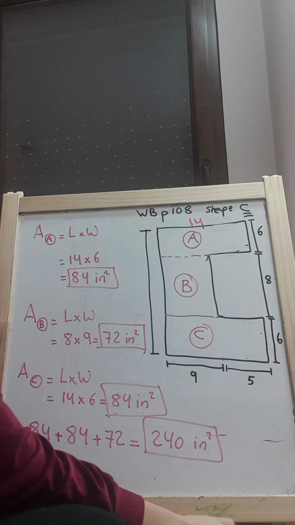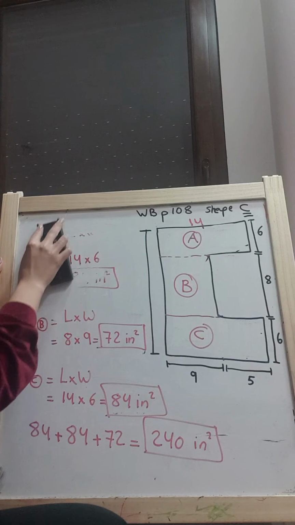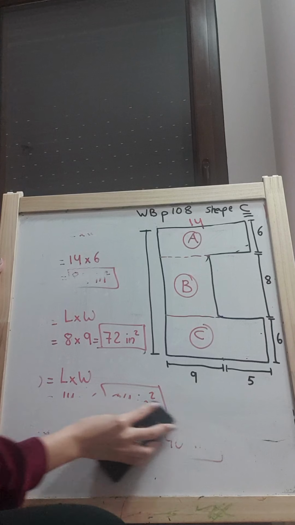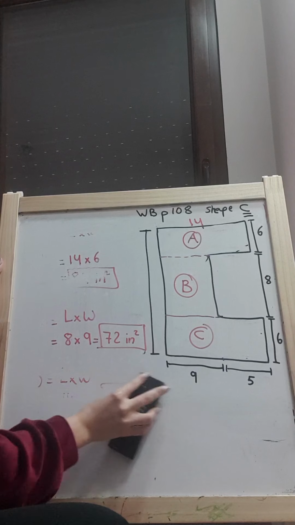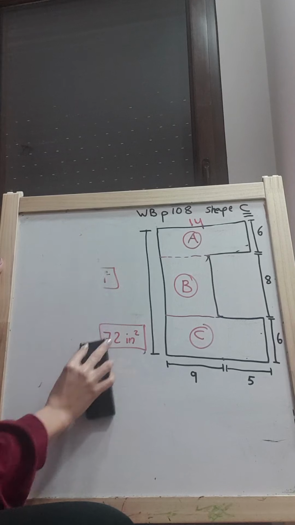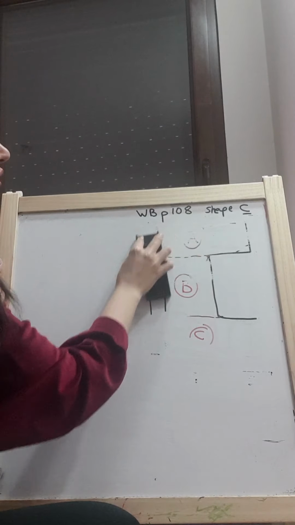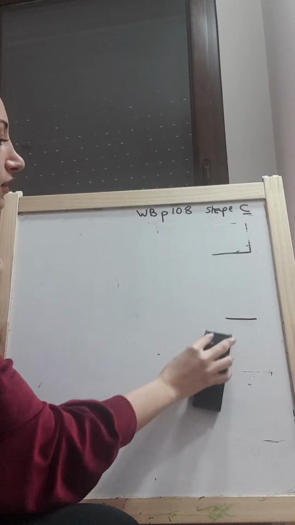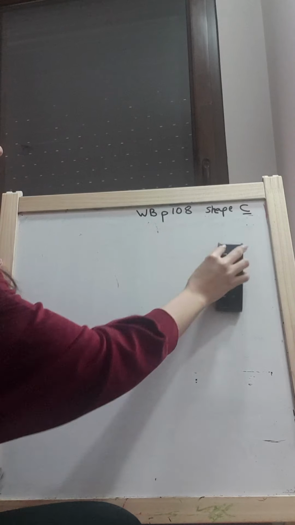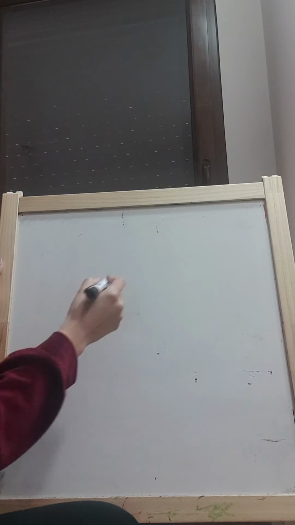There's one more thing that I want to tell you about finding the area of compound shapes. And it's a concept called shaded area. Why is it a shaded area? Check this out.